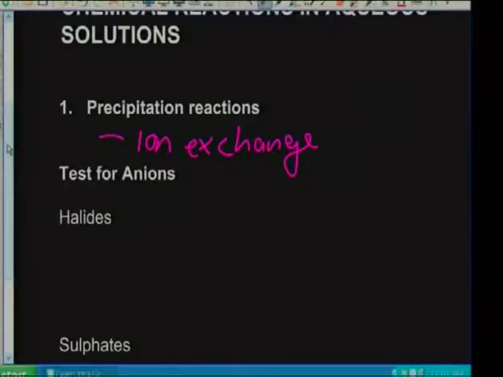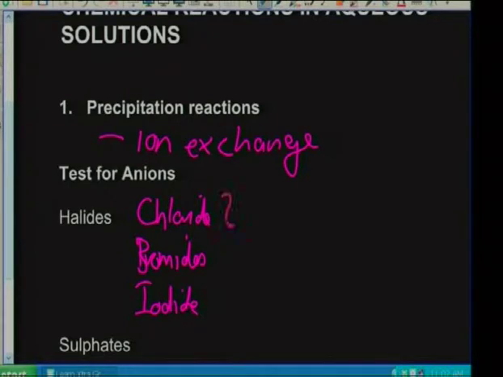For halide tests, we've got tests for chlorides, for bromides, and for iodides. And the simple thing is if you suspect one of those is present, then what you're going to do is you're going to add a few drops of silver nitrate.